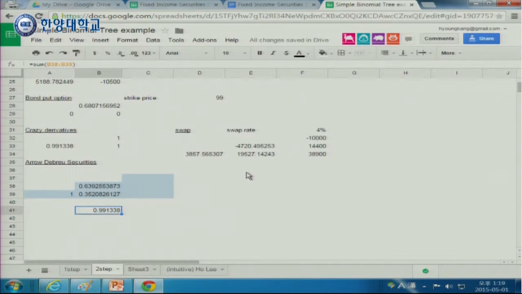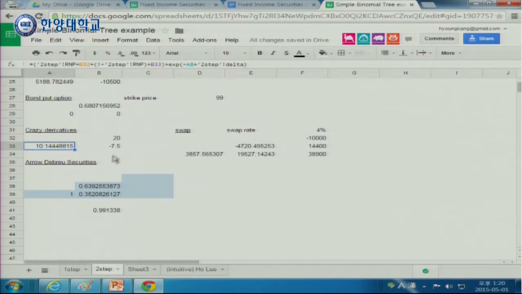So what is interesting is that if we know the value of Arrow-Debreu securities, we can calculate any kind of derivative. Let's imagine a strange derivative that pays, say, $20 in this scenario and minus $7.5 in this case. We know the value of this derivative, this one. But we can also calculate the price of this derivative using Arrow-Debreu securities, right?